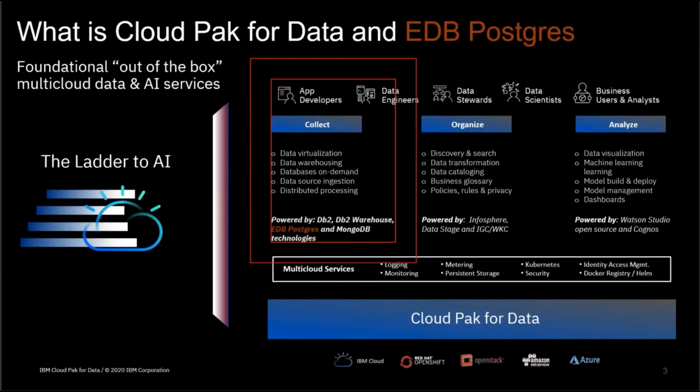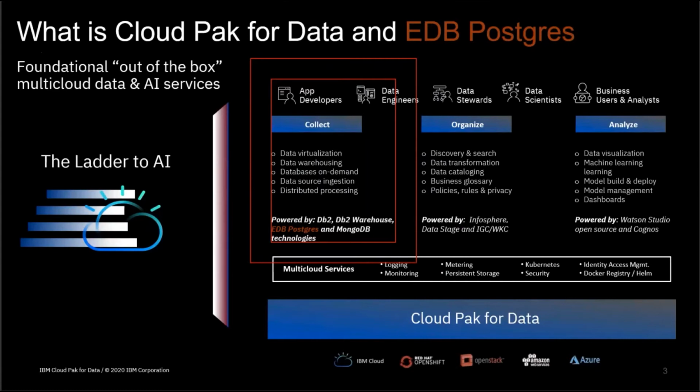And if we want to put it in swim lanes, we start with collect. This gives you the ability to access and manage and organize data as you move forward. You can certainly see that many familiar IBM data stores like DB2 and DB2 Warehouse are part of that. But we're also integrating other data stores as well, and we've got key partnerships here.